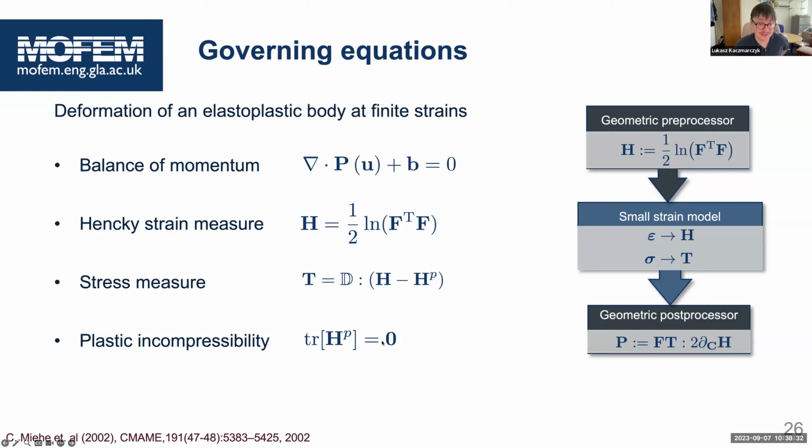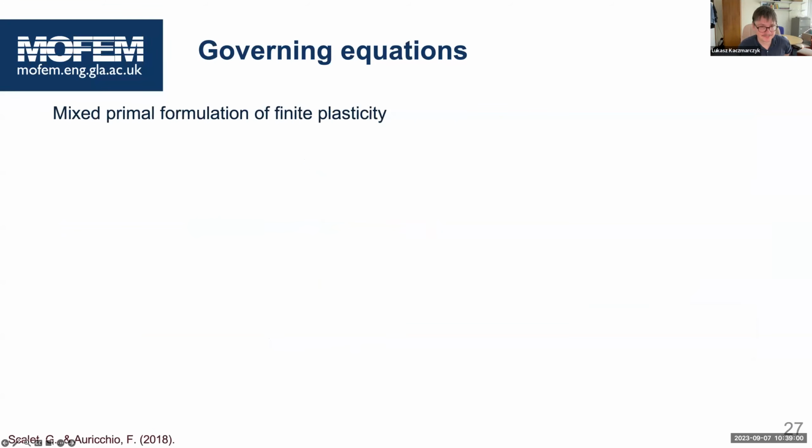That is equivalent to having large strain incompressibility, because when you apply the exponent to the Hencky strain, the logarithm becomes a trace. And when you apply the exponent to the trace of the matrix, you get the determinant. Mathematics is cool in that case.